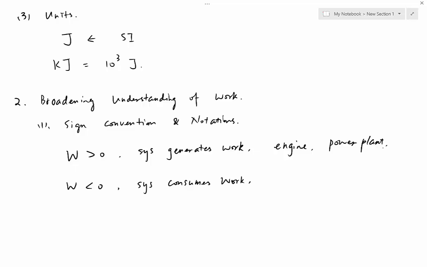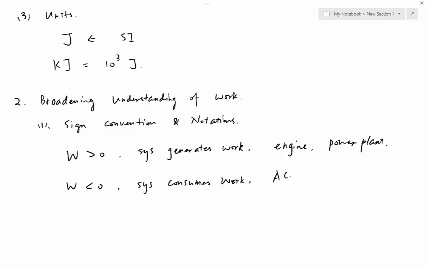Can you think of one example for negative work where your system consumes work? One example I can think of right now is your AC. So for example, in summer, it's really hot. You turn the AC on. What do you have to give the AC in order for it to work? You have to give the AC electricity.